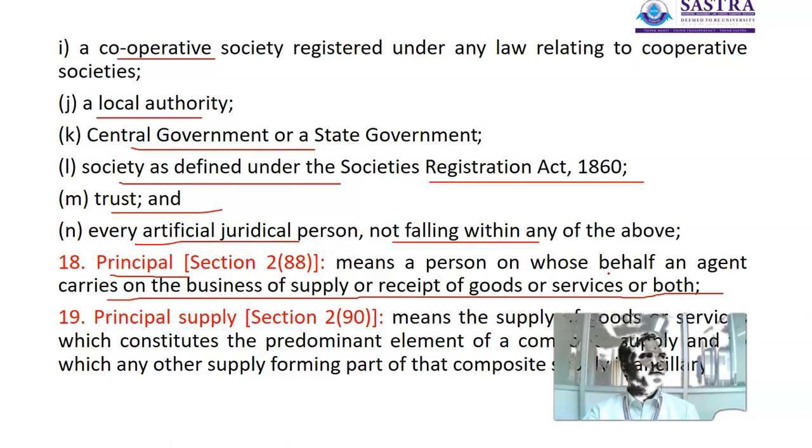Take for example, Crompton Greaves is a principal. Those who are selling Crompton Greaves products in different cities are called agents. Pepsi, a soft drink, is a principal. Those who are selling Pepsi all over India or the world are agents. Very simple.